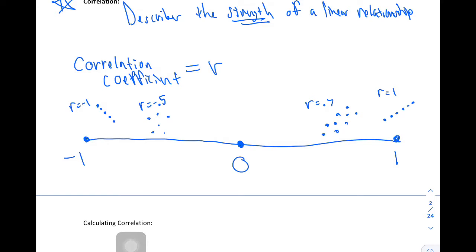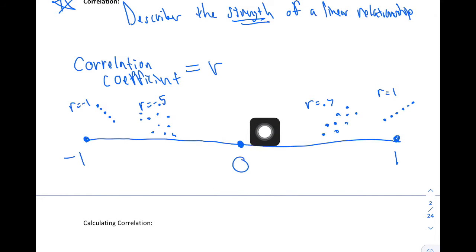But again, this one's still kind of going in the negative direction. Maybe something like that. So of these four that I just gave, the -1 and the +1 are the strongest. This is the strongest positive, and this one's the strongest negative. From there, then we have this 0.7, which is the second strongest, we'll say. And then this one is last.